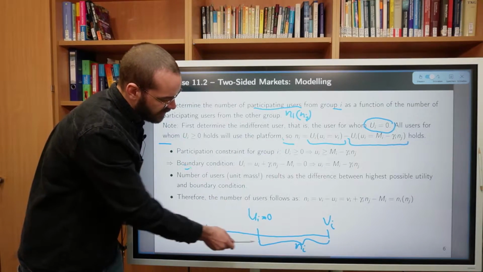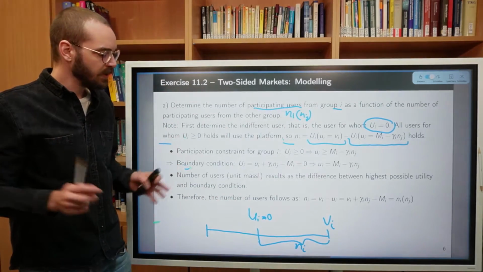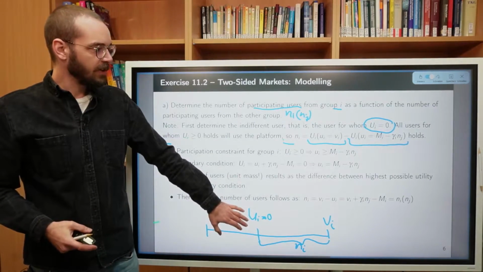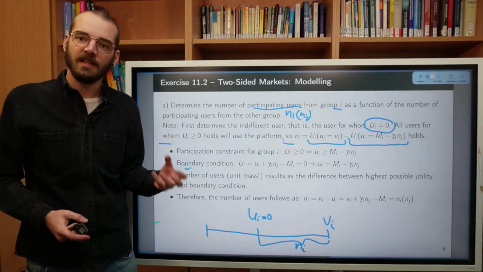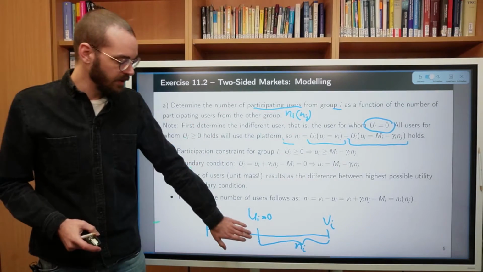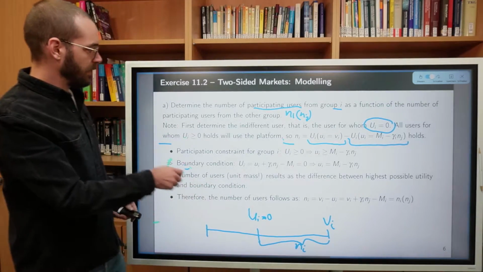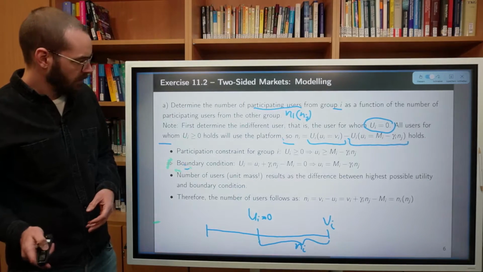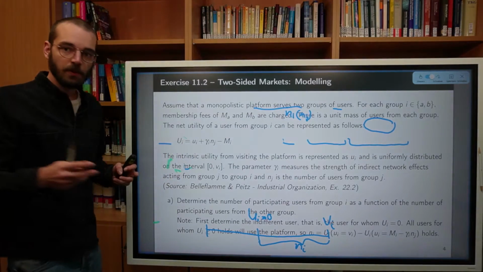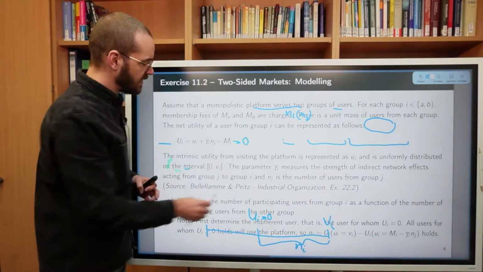Now we can use this indifferent user, this indifference condition, in order to find something out about the intrinsic utility of this user that is exactly indifferent. And that is because, if we have a look at the utility function, let me just go one slide back over here, and now we say, well, what are the properties of those for whom this equals 0?